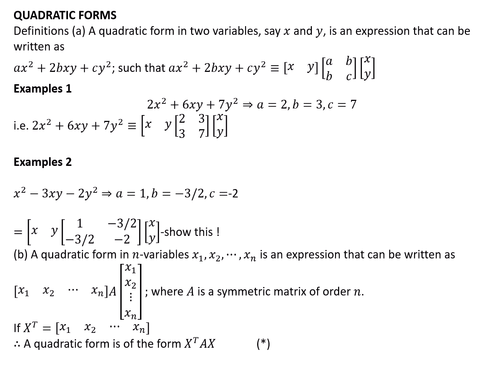If you transpose your vector x, a quadratic form of that equation is x transpose multiplied by A multiplied by x.